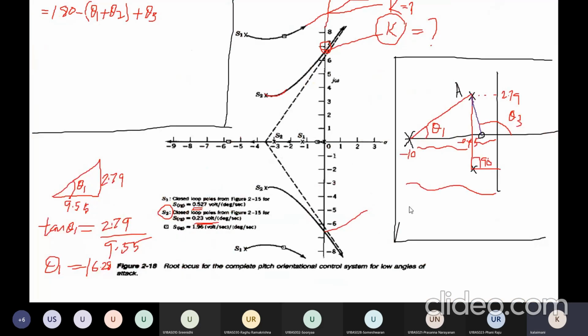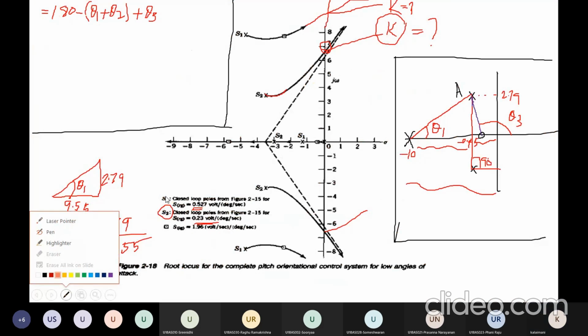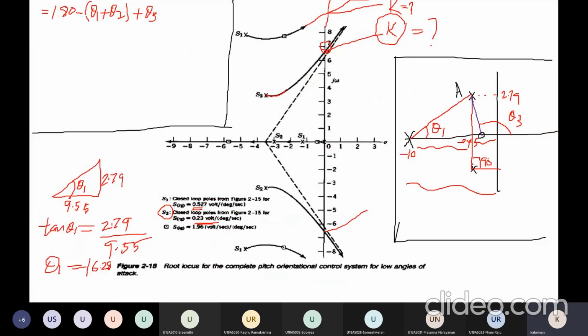So we found theta 1. The same way you have to find theta 2, which is 90 degrees. Then we need to find theta 3 also. For theta 3 we make a small triangle. Up to this angle is theta 1, right?